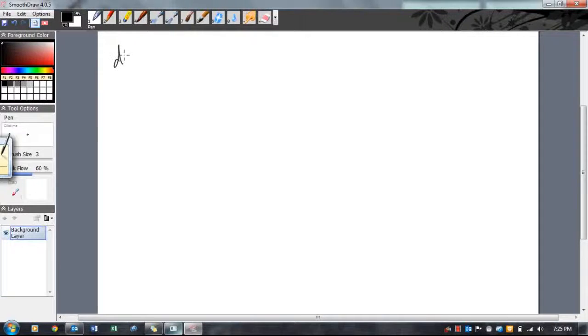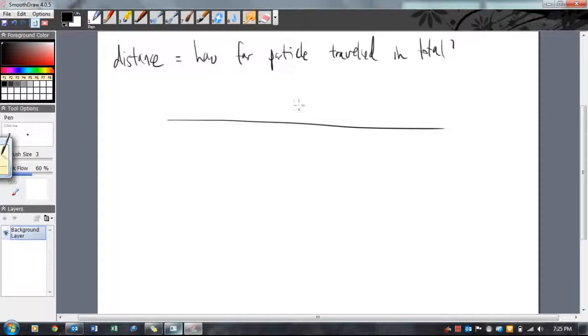The next thing to understand is distance, and that's just how far has the particle travelled in total. Okay, so that same line there, got 0 there, 1, 2, 3, 4, that sort of thing.